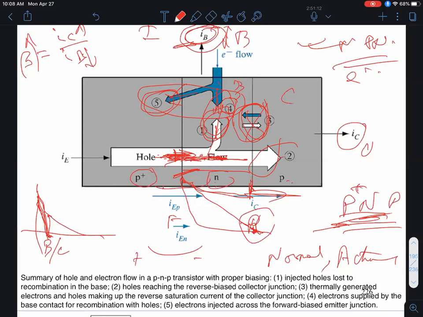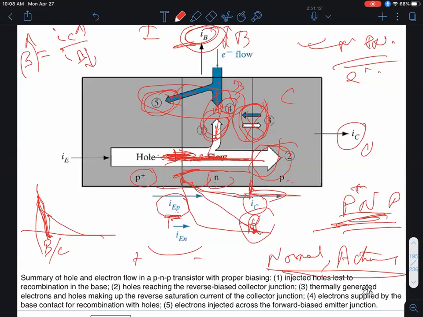So this emitter-base junction in the so-called normal active mode of operation is forward biased. You mostly inject holes. Hopefully the vast majority of the holes survive the journey by diffusion across this narrow base and are collected as collector current IC. So I inject a hole current at this junction, which I call IEP. So IEP is just the hole component of the current at this junction.